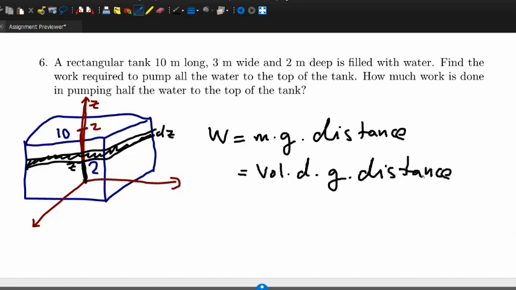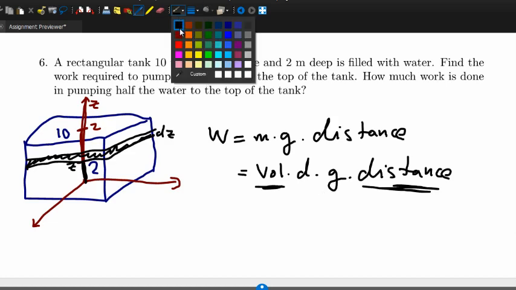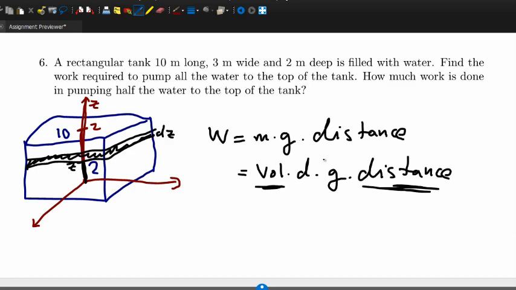So for this slice, I have to compute two things: volume of the slice and the distance, right? The other two quantities are known, namely g is a constant, and the density is just 1 for this problem since we are looking at water.